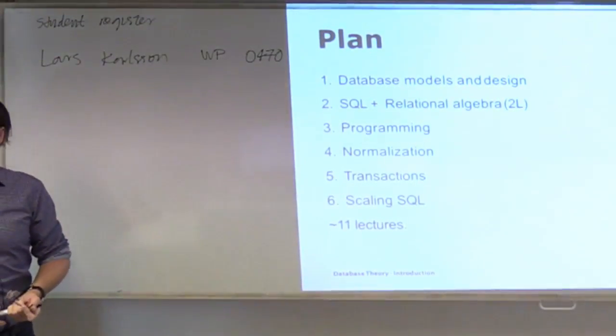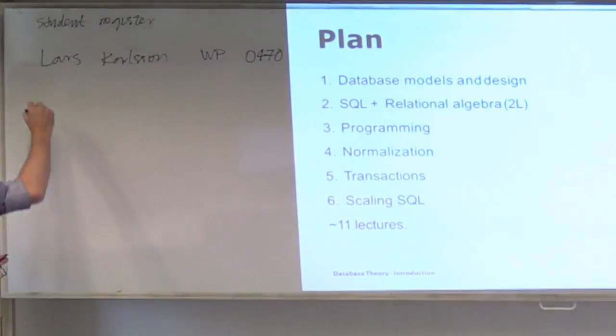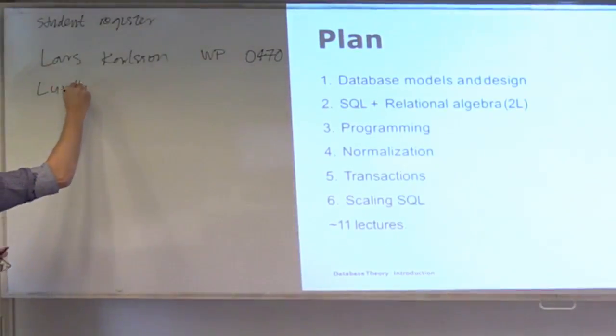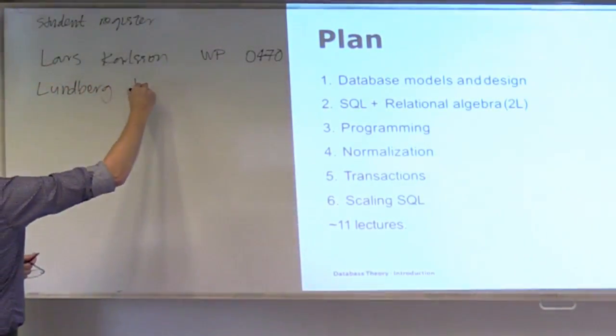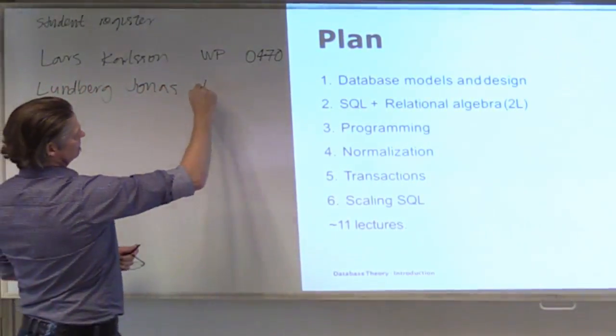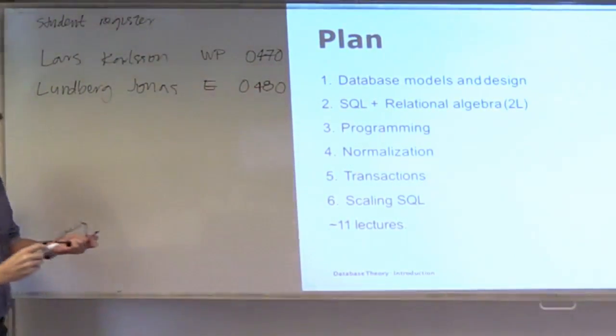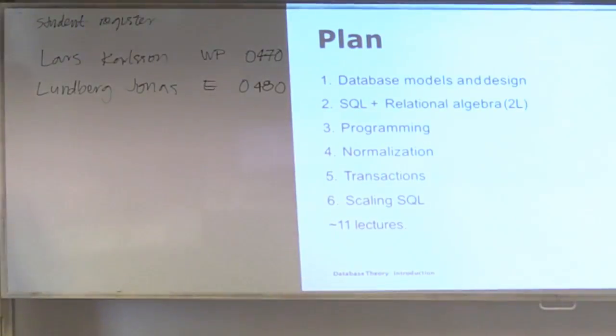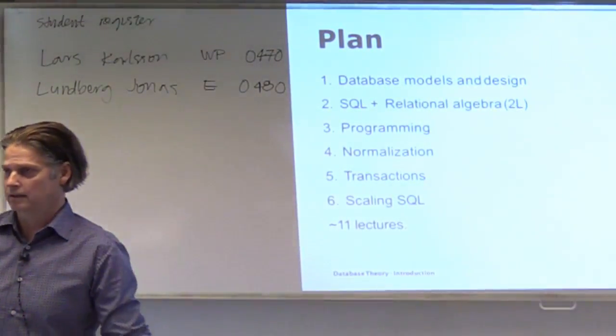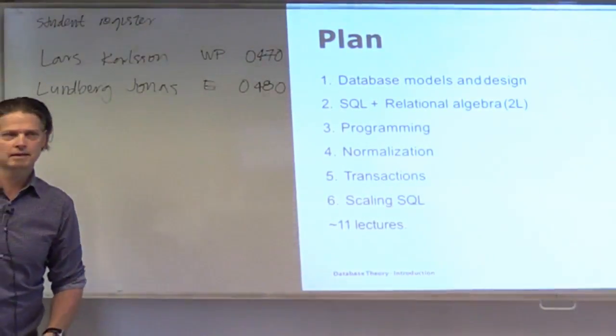So if we're adding another student, and that guy is named Jonas Lundberg, and I'm enrolling him to the economics program. Well, the thing here is that I added his name in the reverse.